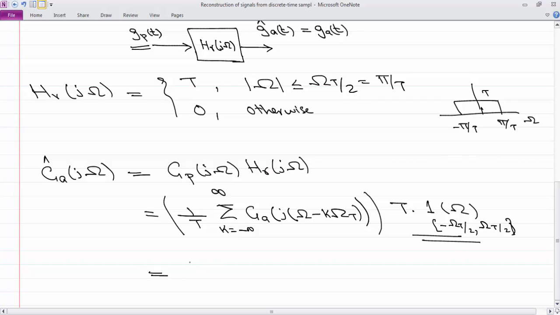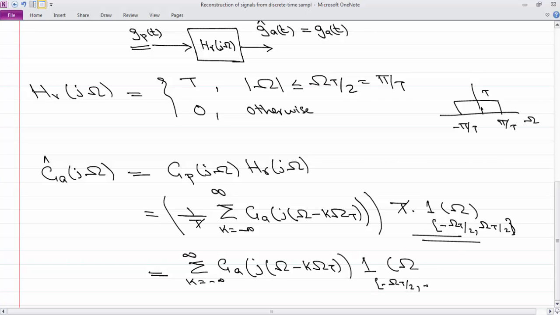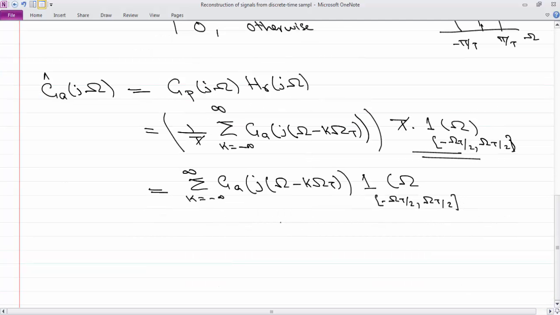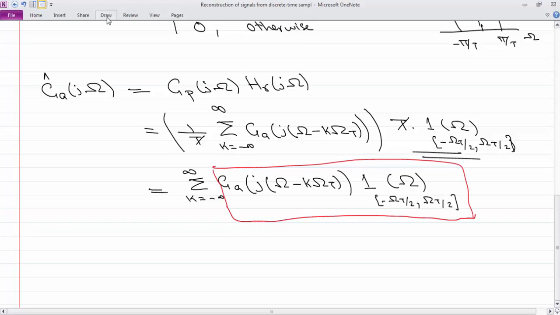So now I multiply. Of course, the T's cancel. I get g_A of j omega minus k omega T, and this indicator function of minus omega T by 2 to omega T by 2. Now, to analyze this term in each summation, we have to focus on different cases of k.